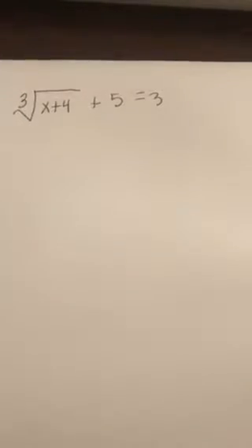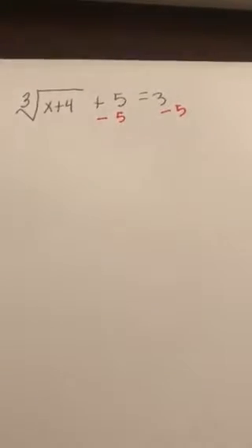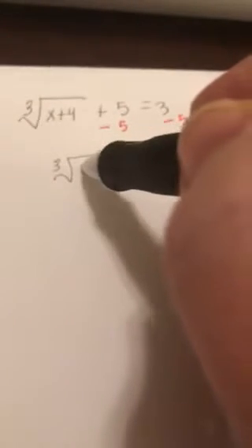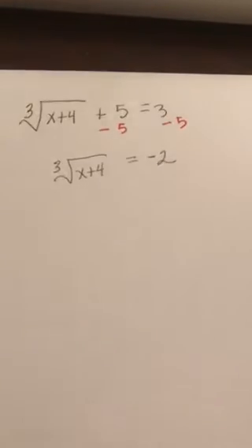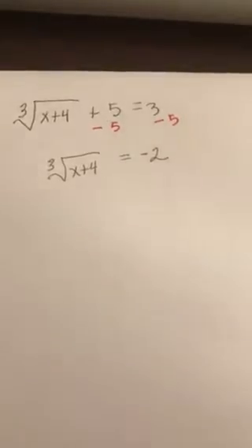First step, get the radical alone. Doesn't matter really which side of the equal sign the radical's on. If it was on the other side, we'd still just get it alone. No problem. Okay, there we go. Now our index is a 3.